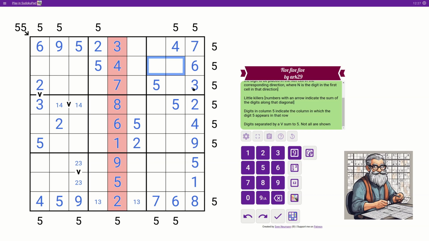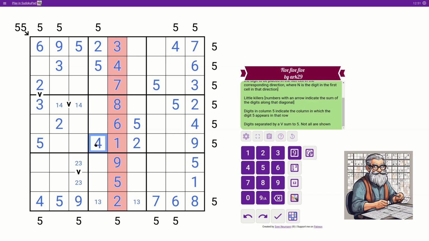2. Alright. 3. Yeah, that's a 3. Right, anything else? Doesn't look like it. Oh yeah, no, there's already a 3. Okay, 4. Yeah, that's one.